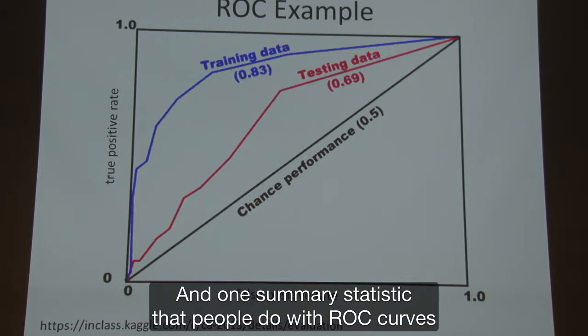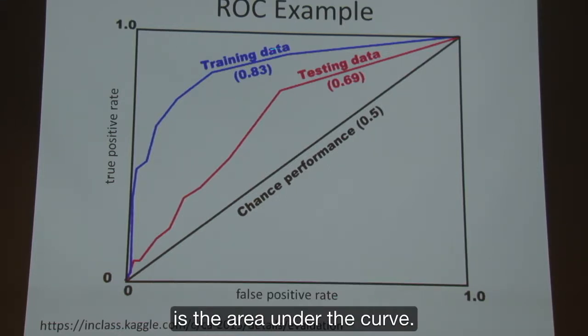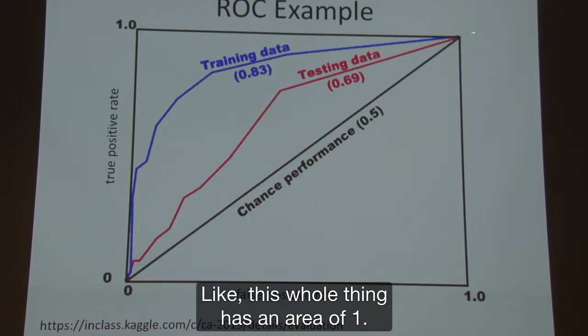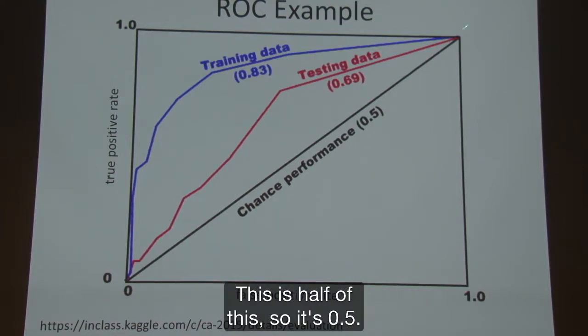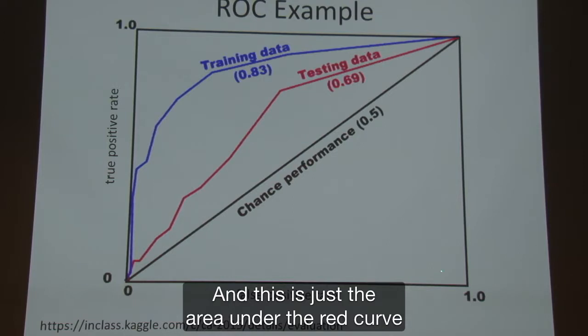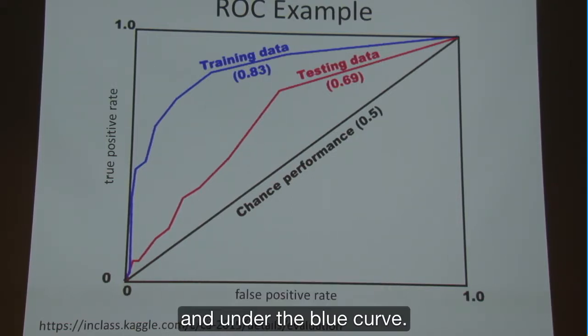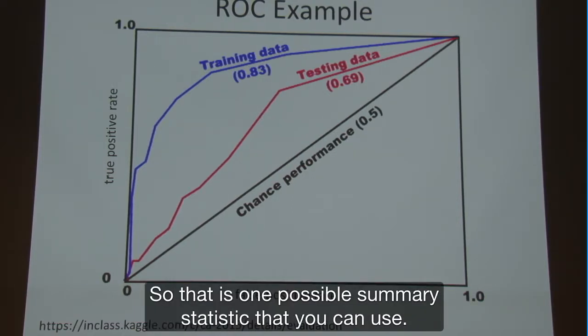One summary statistic that people use with ROC curves is the area under the curve. This whole thing has an area of 1. So if that number is 1, I'm up here and I'm really happy, right? This is half of this, so it's 0.5. And this is just the area under the red curve and under the blue curve. So that is one possible summary statistic that you can use.